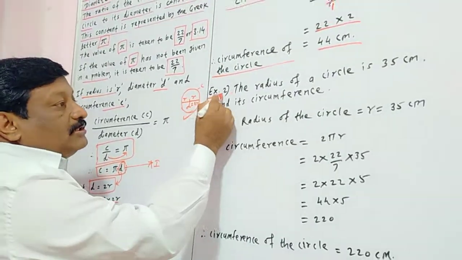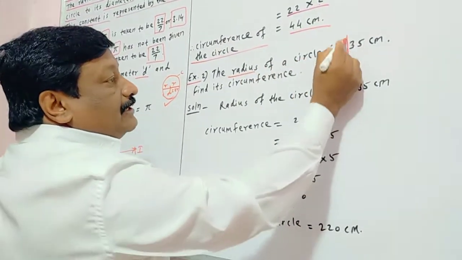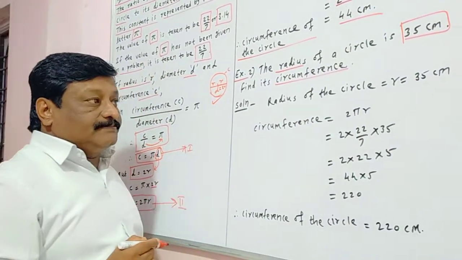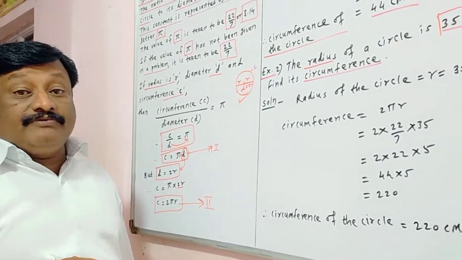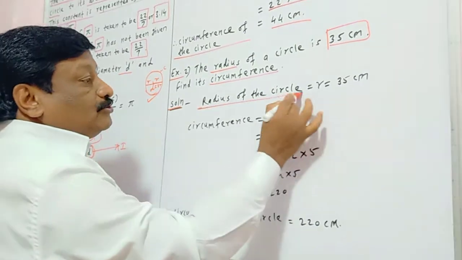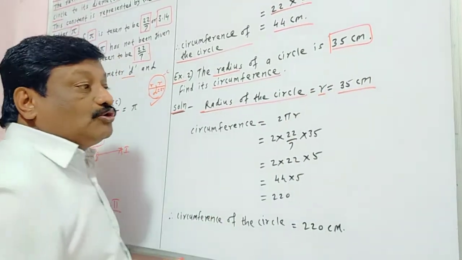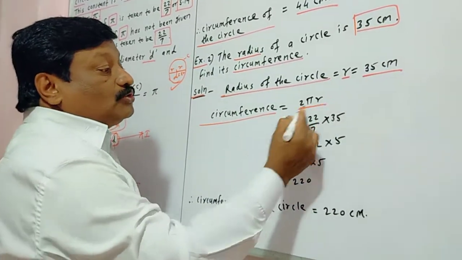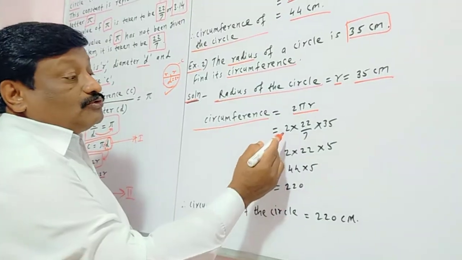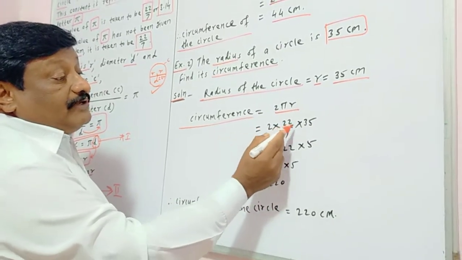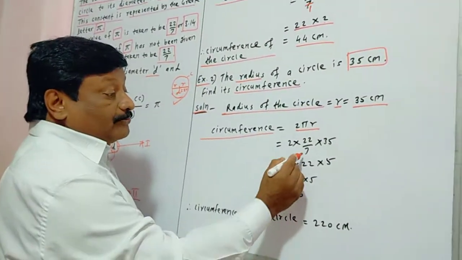Second example, the radius of a circle is 35 centimeter. Then find its circumference. Now radius is given, we have to find circumference. Solution. A radius of the circle R equal to 35 centimeter. Then formula is circumference equal to 2 pi R equal to, by substituting values, 2 into value of pi is 22/7 into radius is 35.